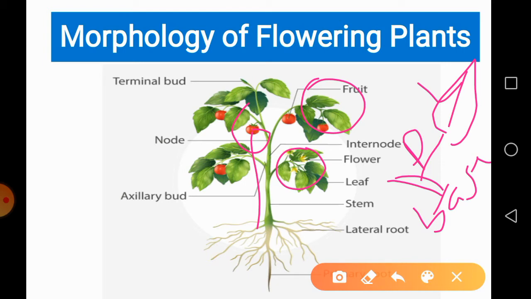When only a single fruit is formed, then it is called a simple fruit with monocarpellary ovary. Okay. Then aggregate, when your fruits are present in a group or in bunches, then it is called aggregate fruits. Then composite.